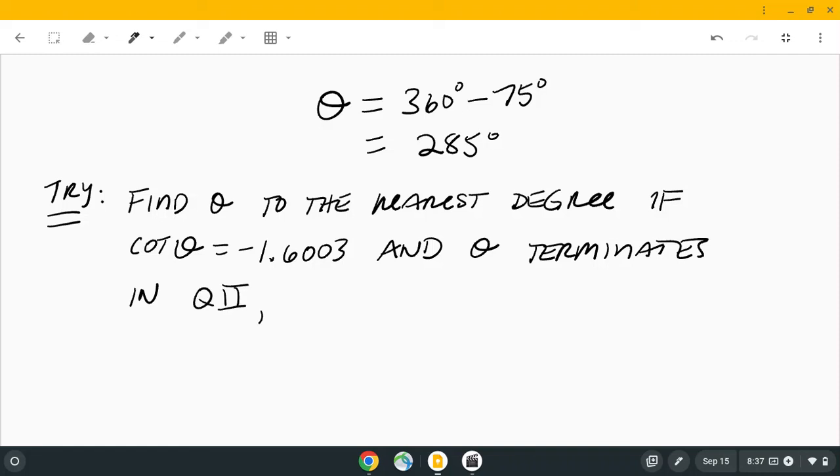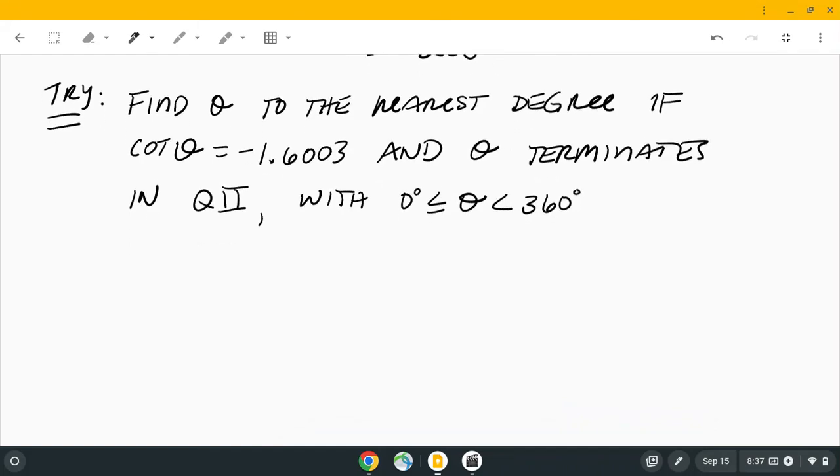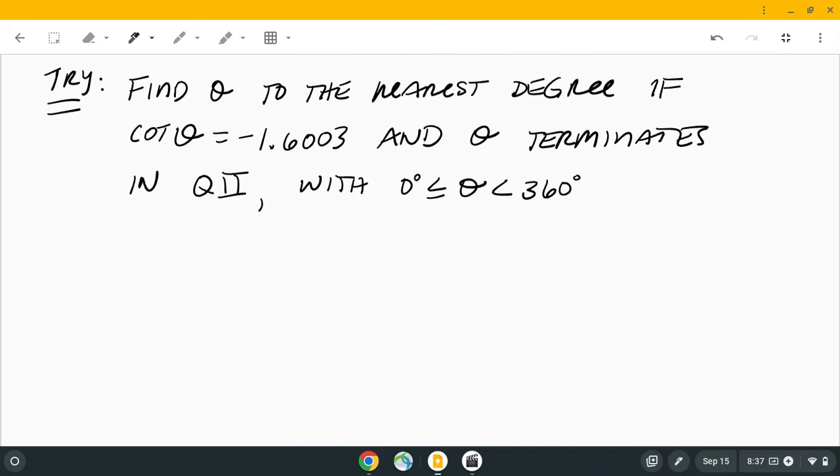And let's have that extra bonus restriction here, 0 degrees less than or equal to theta less than 360. Okay, so no negative angles and nothing more than 360.